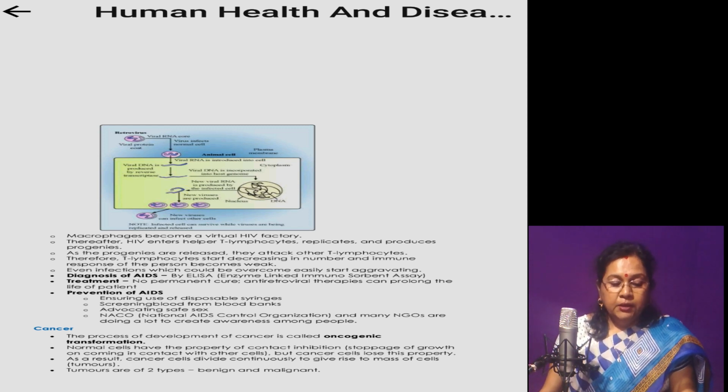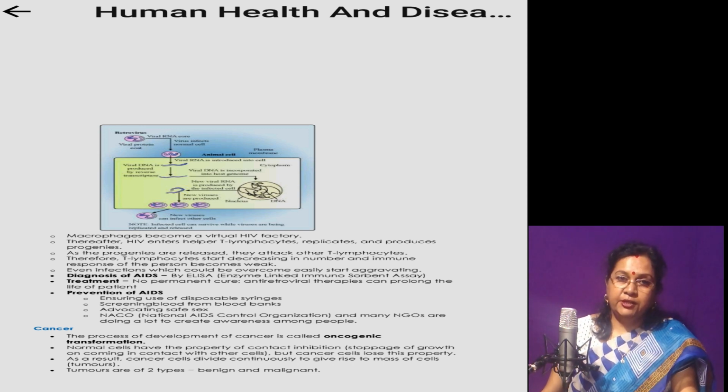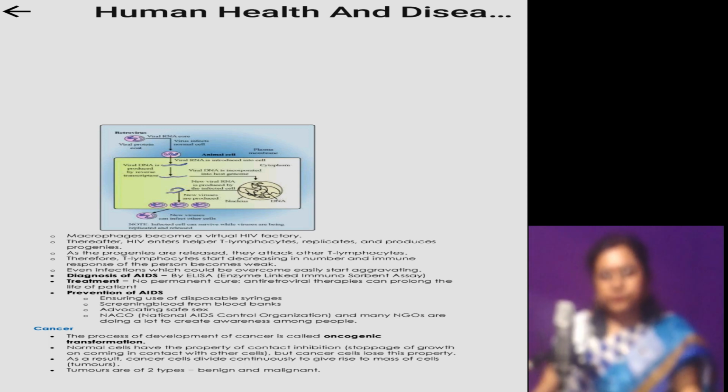Hence, the number of helper T cells progressively decreases in the infected person, and when the T cells decrease, it also decreases the immunity of the person. Sometimes the person is unable to produce an immune response against bacterial diseases, parasites, fungal diseases, etc., like Mycobacterium, Toxoplasma, etc.